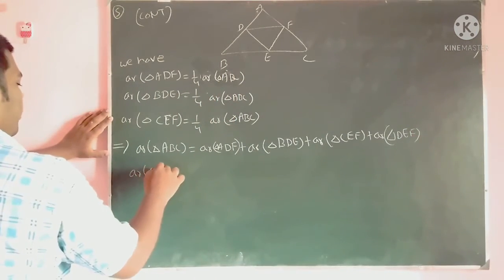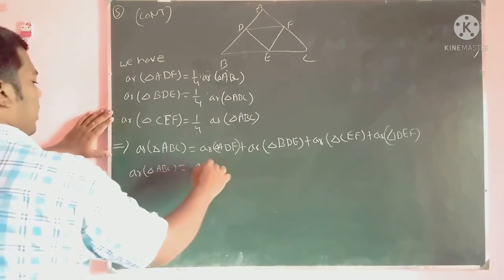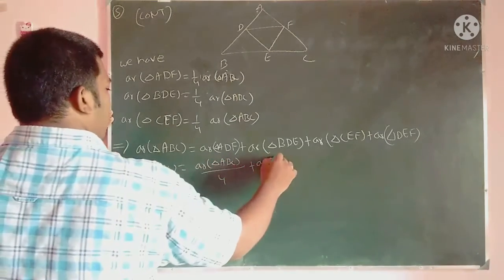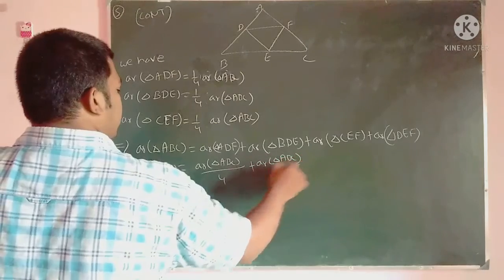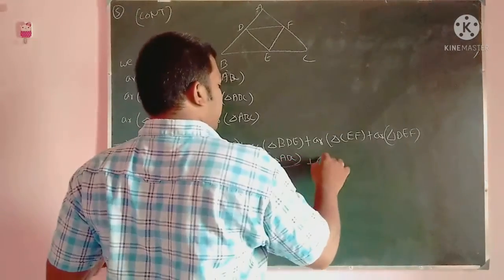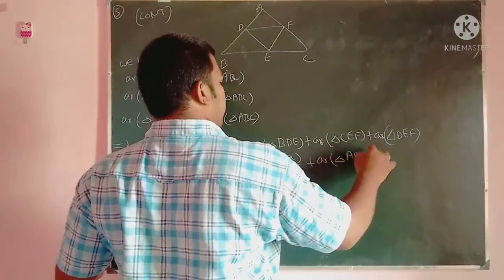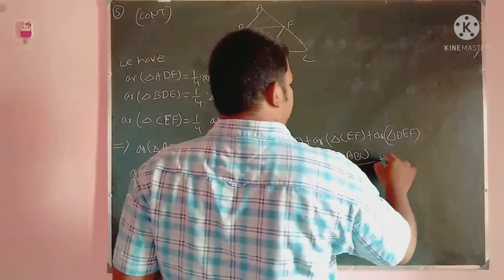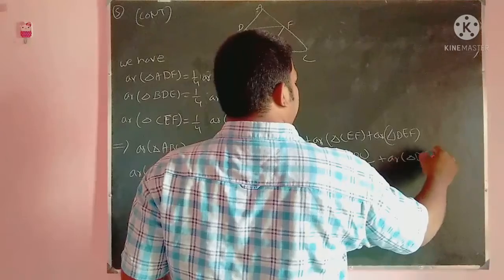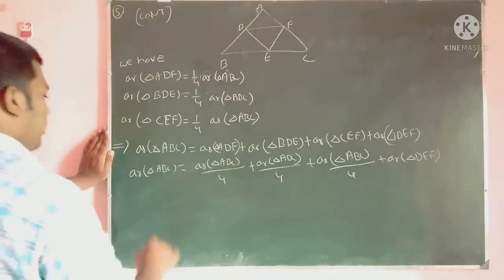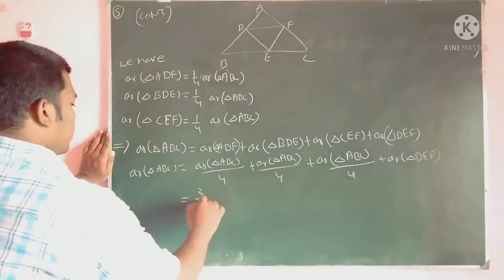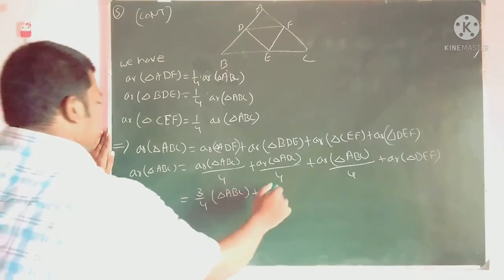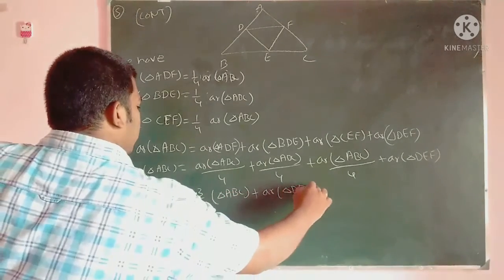So from above we can write this as area of triangle ABC by 4 plus area of triangle ABC by 4 plus area of triangle ABC by 4. This one will be area of triangle DEF. We don't know this. So now this one we can write as 3 by 4 times area of triangle ABC plus area of triangle DEF.